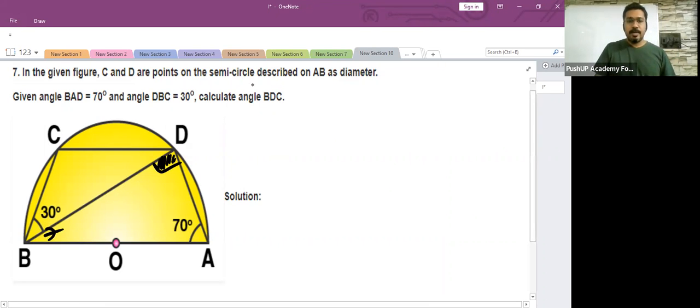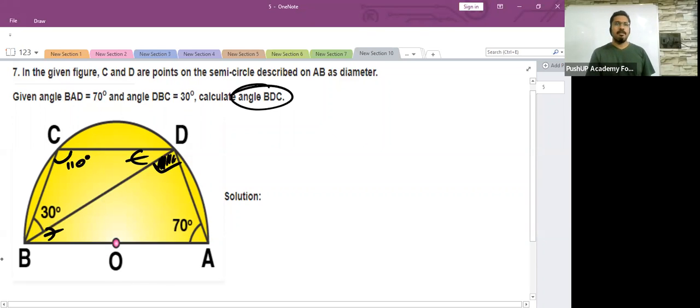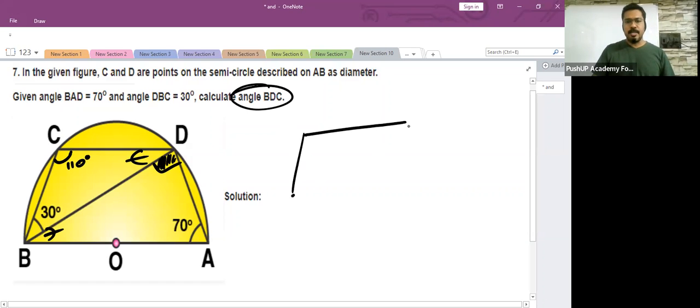Now, children, the question was to find angle BDC. Have they mentioned these two lines are parallel to each other? No, they haven't mentioned anything. All right. In that case, how much will be angle BCD, by the way? BCD will be 110 because the opposite angles in a cyclic quadrilateral are supplementary. So 180 minus 70 is 110 degrees. Now this is your triangle BCD.